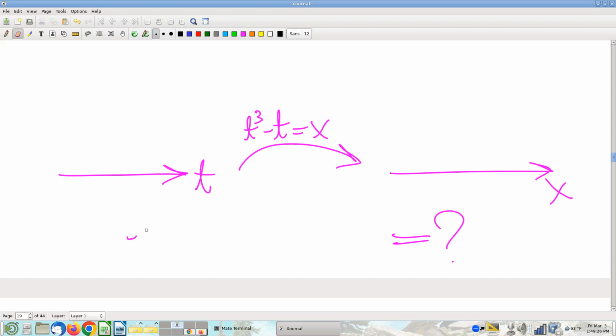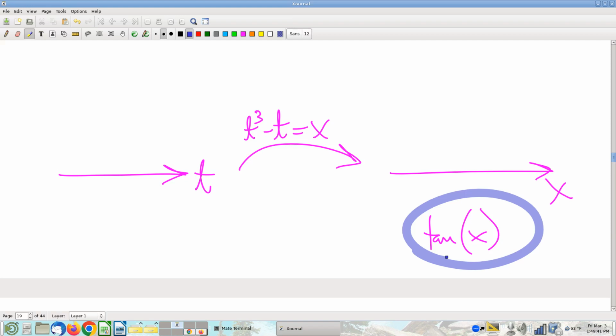However, going the other direction, if I have some expression like tangent of x, how would I write that in terms of t? Nothing to it. This expression, written in terms of x, pulls back through the function just by plugging in.